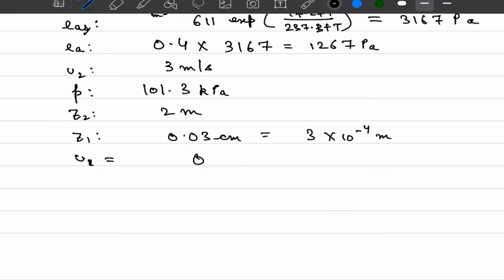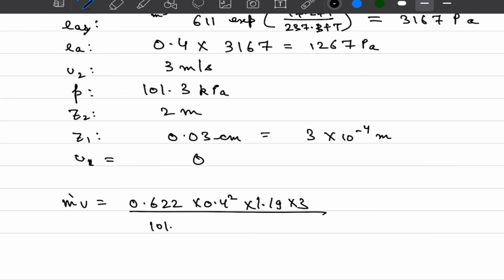When all these values are known, we can simply go forward and put in all these values. Our m dot v comes out to be 0.622 into 0.4 square into 1.19 into 3 divided by 101.3 into 10 to the power 3 into 997, which is the density of water at 25 degrees Celsius. In the absence of any information, assume it to be 1000 kg per meter cube; it is not going to change the answer significantly.